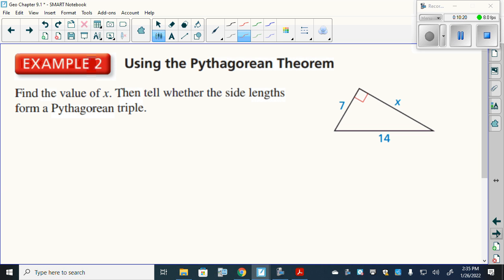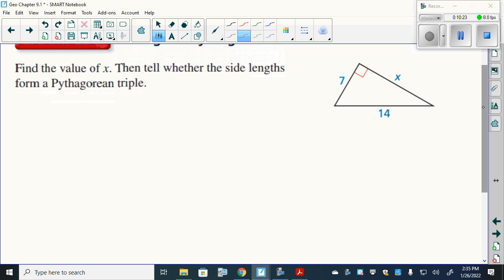No, sir. All right. Let's look at this one here. So again, we're going to be using the Pythagorean theorem. A squared plus b squared is equal to c squared. Now it is helpful to find the hypotenuse first, so that we know what the value of c is. It is 14, because the side opposite the right angle this time is 14, which would be c.